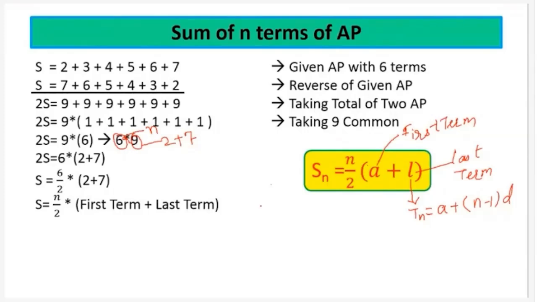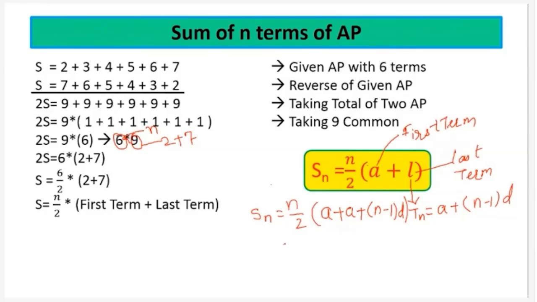So now my formula becomes, what is my formula? Sn is equal to n by 2 in bracket a, my first term, plus last term, which I'm writing as a plus in bracket n minus 1 d, bracket close.